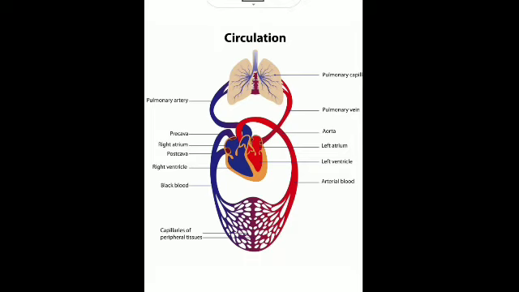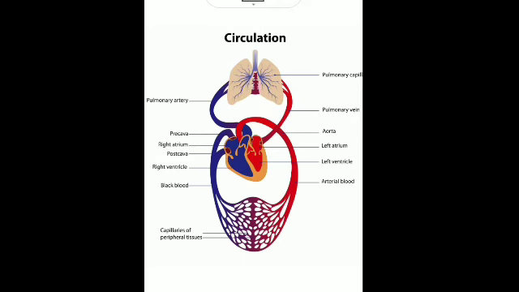The pulmonary artery transports this deoxygenated blood into the lungs. You can see this purple or blue vessel. This is the pulmonary artery, and this is the only artery which carries deoxygenated blood. The blood is brought to the lungs, and here it gets mixed with oxygen and becomes oxygenated.